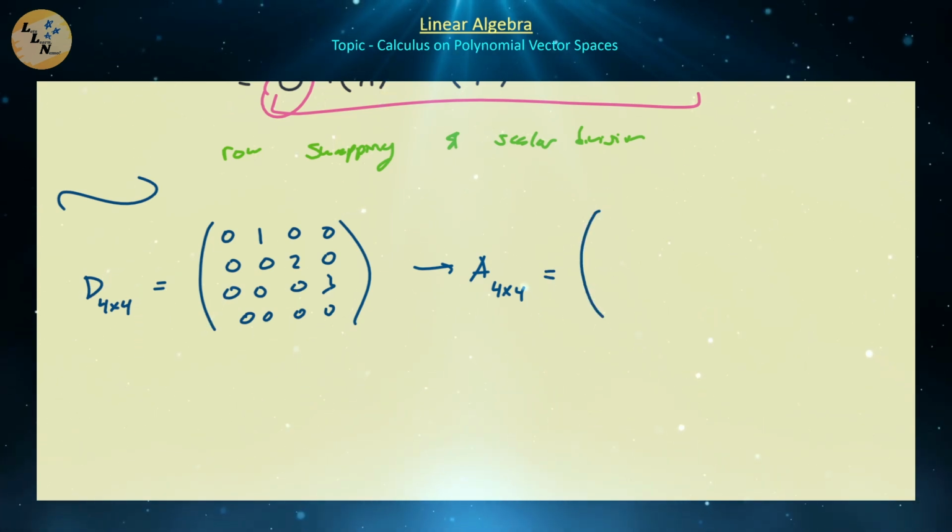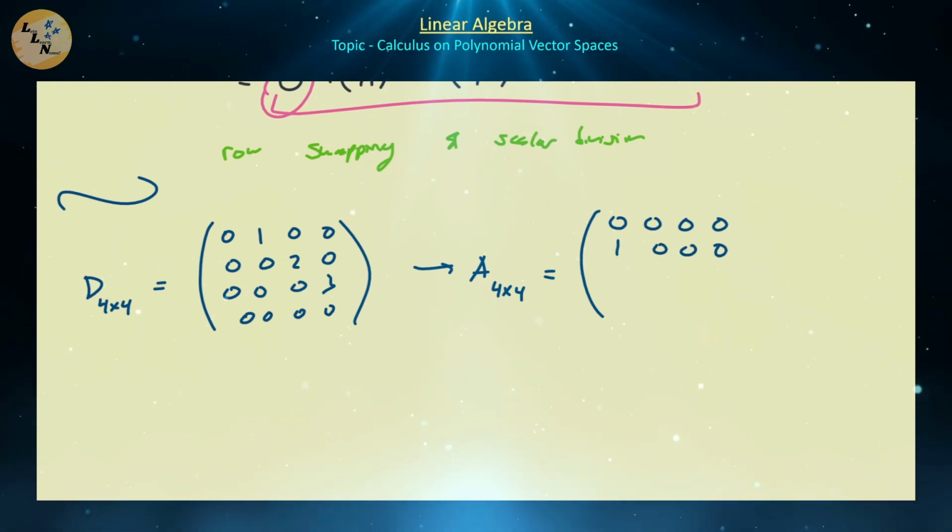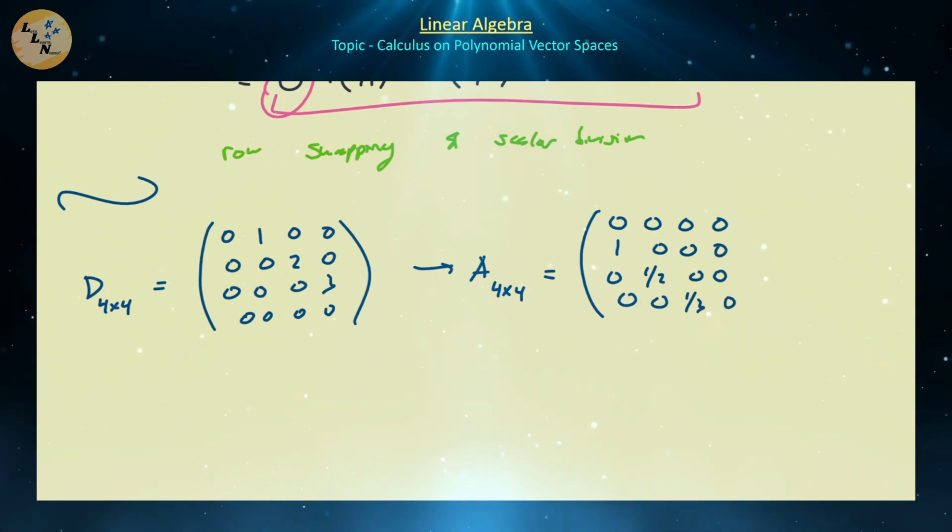So, using the observations that I already have, if we're just going to send that first constant thing to 0, then the first row is going to be 0, 0, 0, 0. Then we're going to have 1, 0, 0, 0, 0, 1 half, 0, 0, and 0, 0, 1 third, 0.